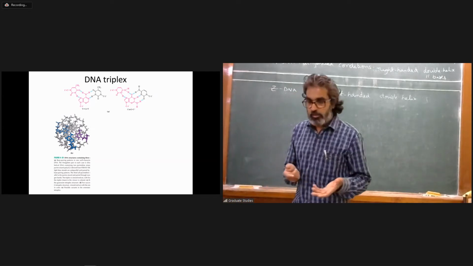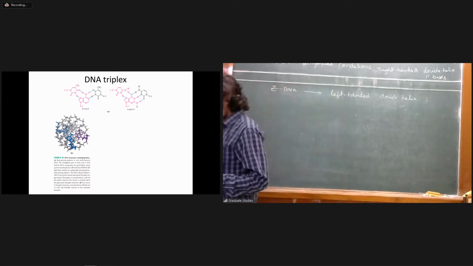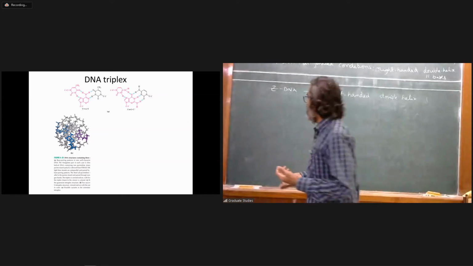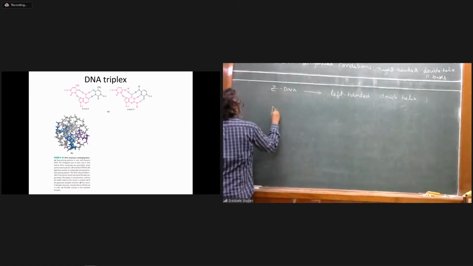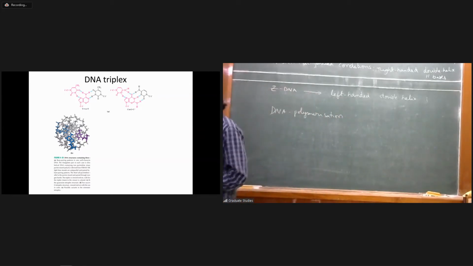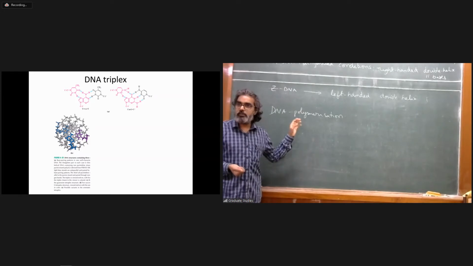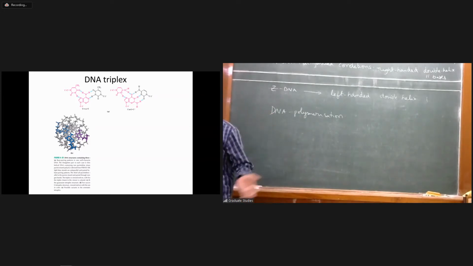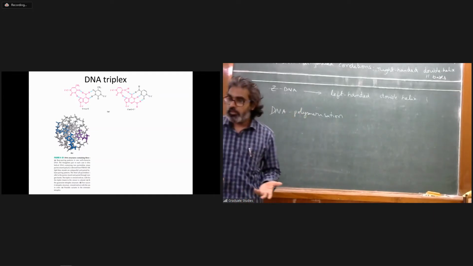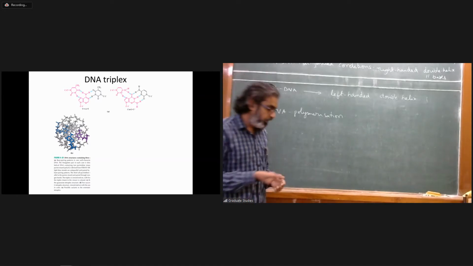Once you unwind, the bases are open, and if you want to do what's called DNA polymerization, you need an enzyme which binds a template strand and then synthesizes a new strand. So then you have a third strand in combination with two strands. In that sense, you have to really think about structures.